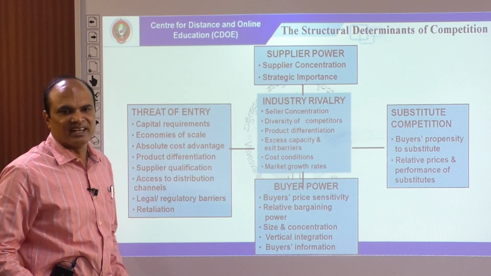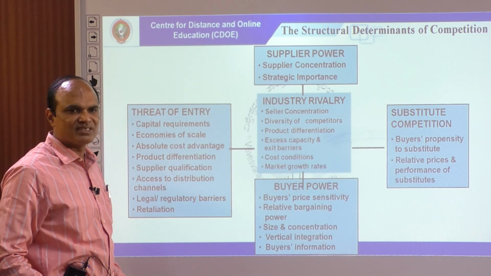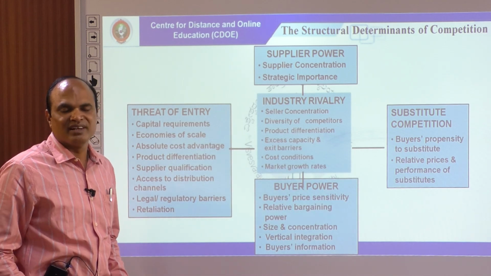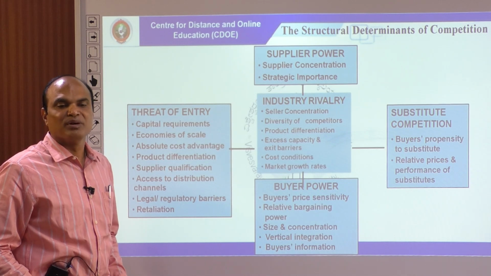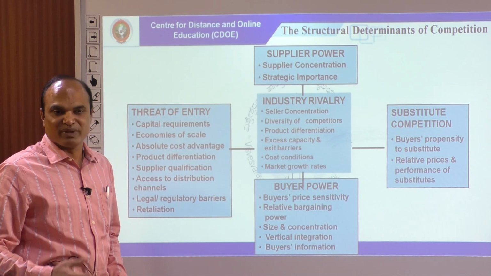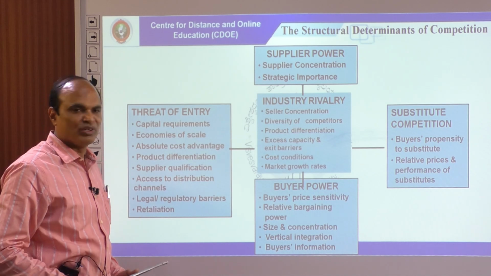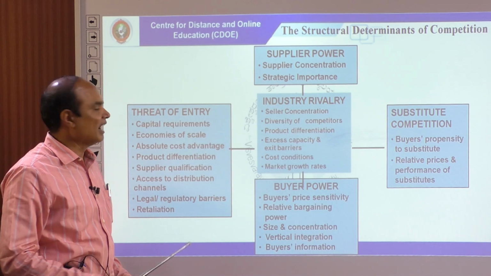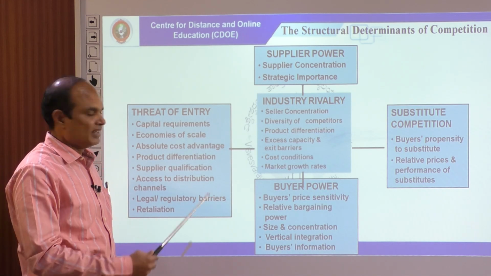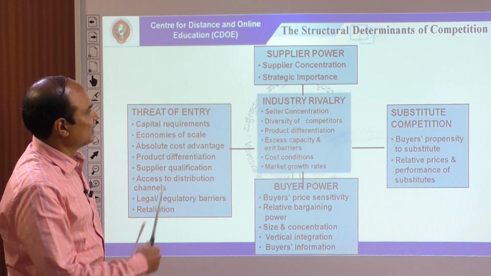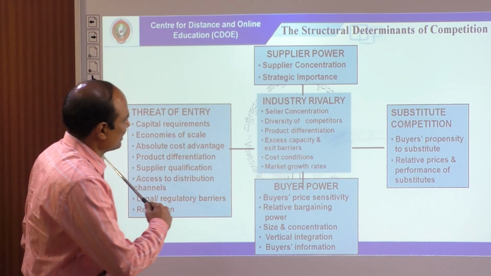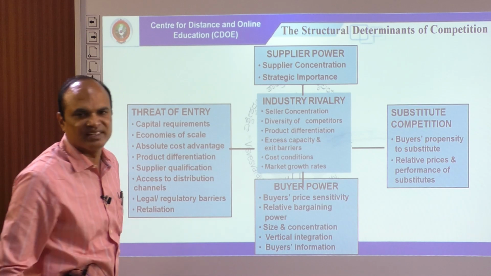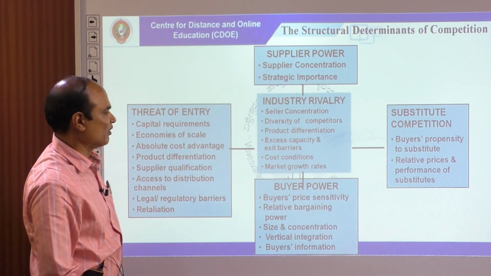To start with, the threat of new entrants: the first one is capital requirements, then economies of scale, absolute cost advantage, product differentiation, supplier qualification, access to distribution channels, legal or regulatory barriers and retaliatory moves a competitor can take. Then coming to industry rivalry, first let us discuss the horizontal forces, then we will focus on the vertical forces like supplier power and buyer power.